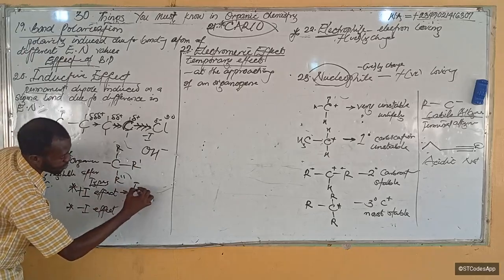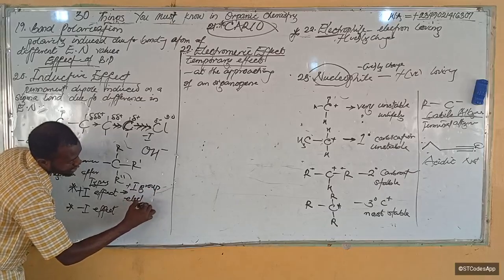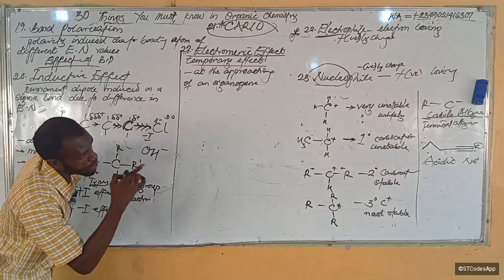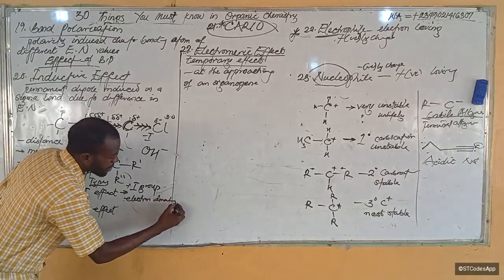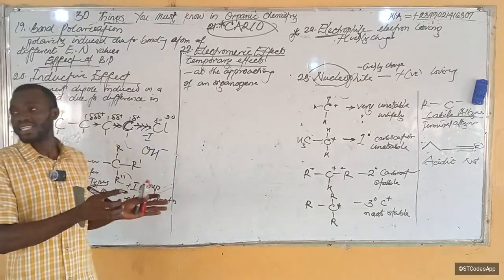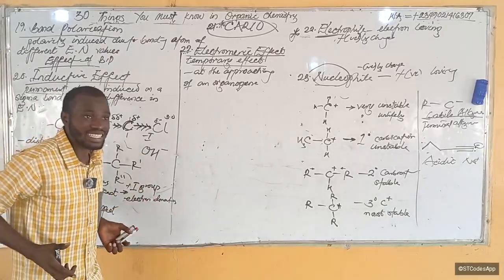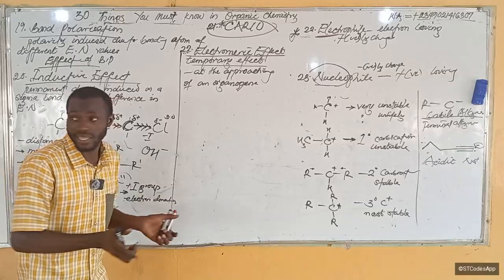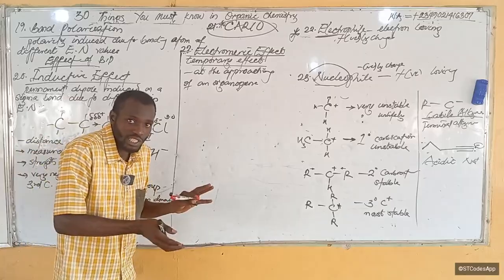The plus I effect is caused by plus I groups. What are the plus I groups? They are the electron donating groups. Why? Because they make electron density available in the chain. So they push electron density into the chain.